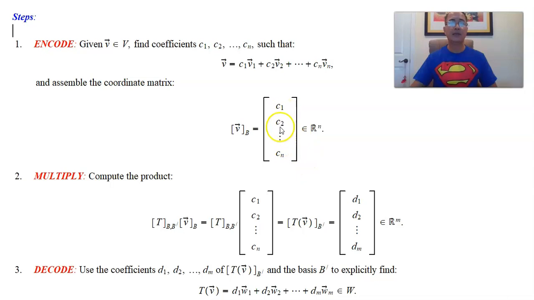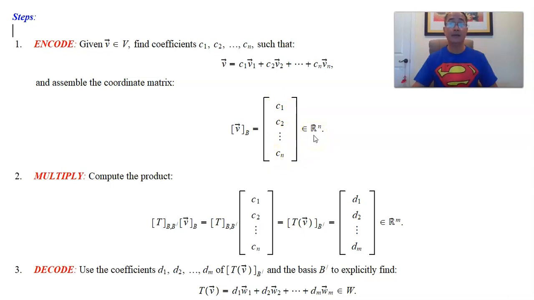And then we assemble the coordinate matrix. Okay, so next, use that coordinate matrix for the multiply step. Multiply it by the matrix that we found for T with respect to B and B prime. And what we get is the coordinate matrix of T of V with respect to B prime. Okay, so they are some numbers, D1 through Dm. These are C1 through Cn.